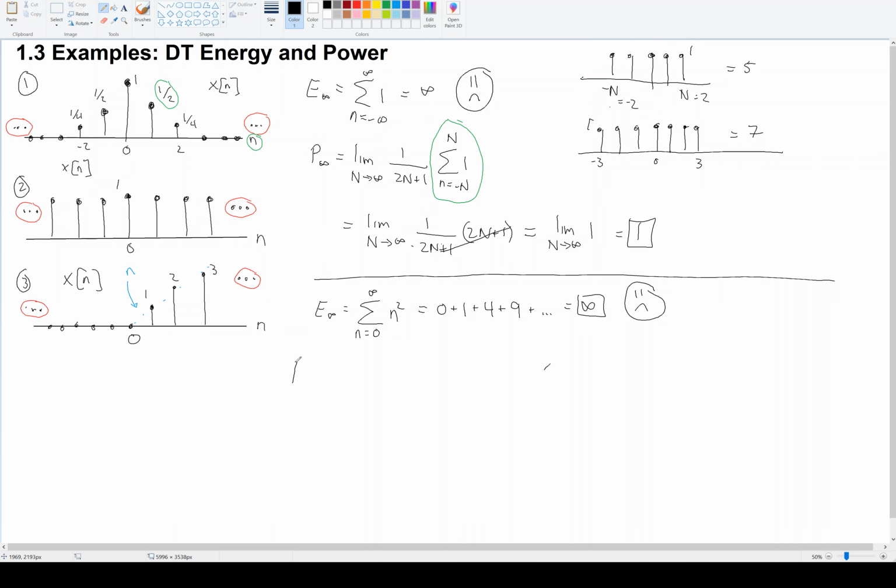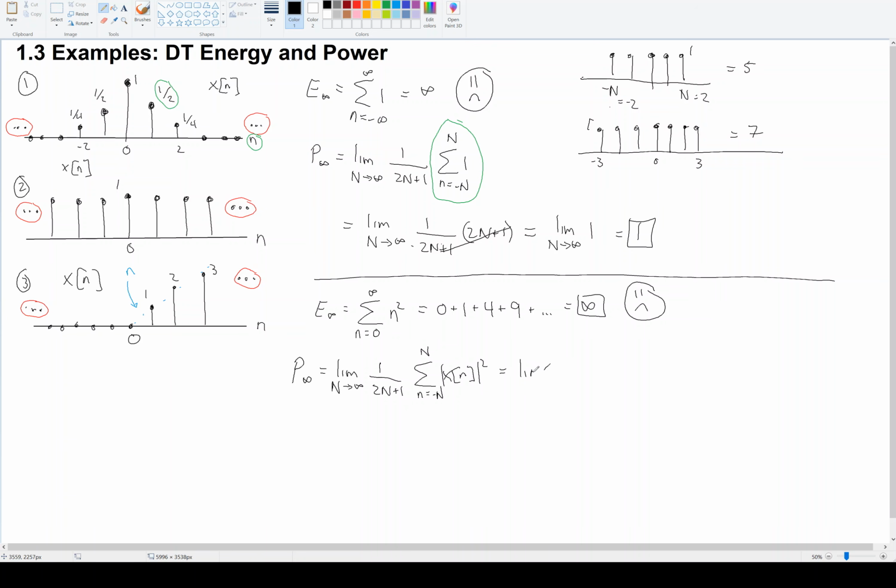But let's look at the power. Okay, the power is defined as the limit as capital N goes to infinity of 1 over 2N plus 1 times the sum from n equals minus N to N of our signal squared.